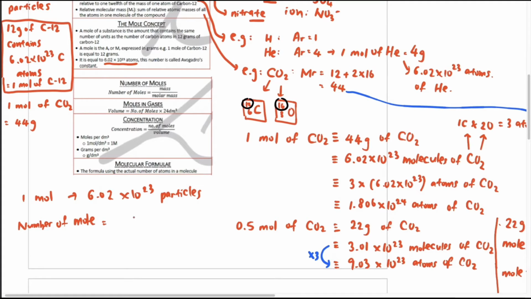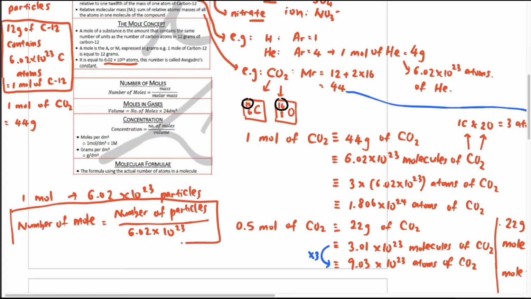Now you just need to take the number of particles divided by the Avogadro constant. So this is the formula to find out the number of moles from particles. Although it's not given here, we can easily figure it out in this way.